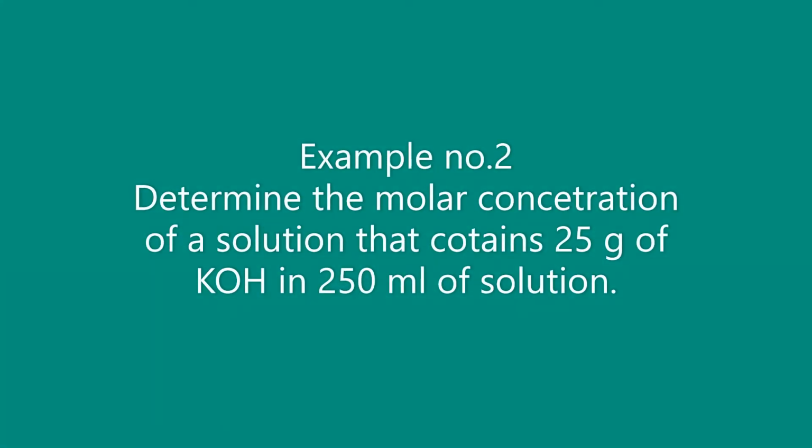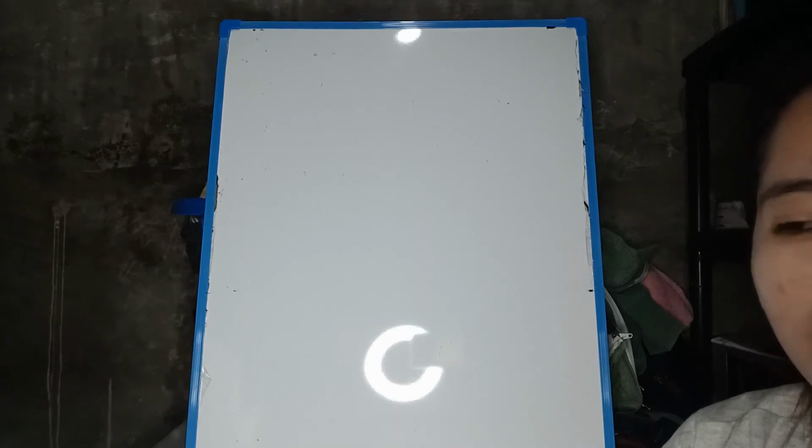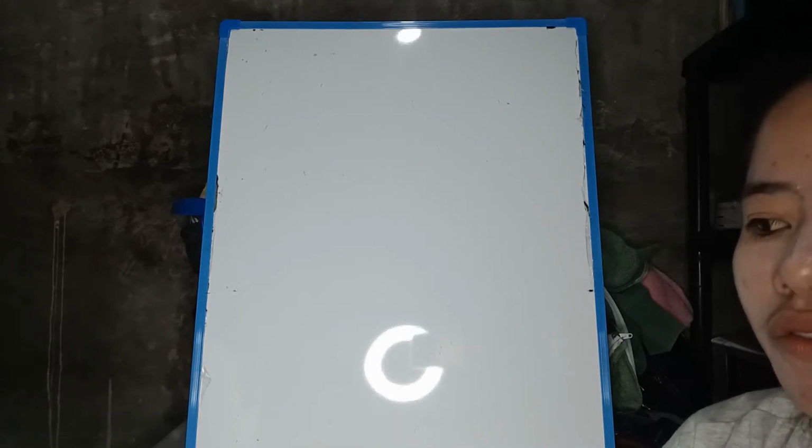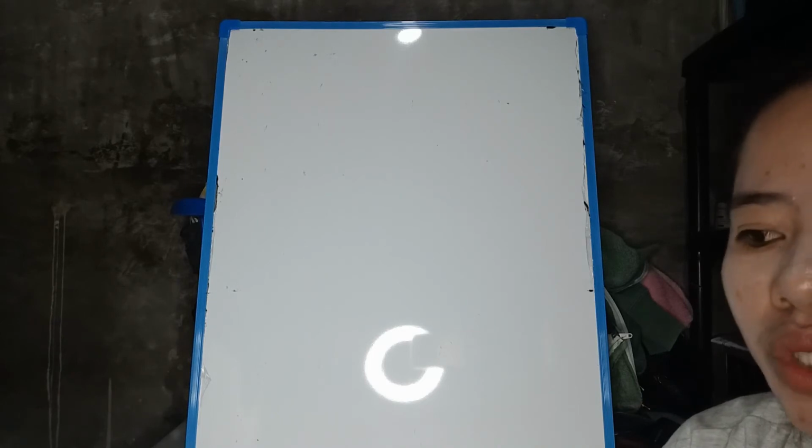Determine the molar concentration of a solution that contains 25 grams of potassium hydroxide in 250 ml of solution. So, next example is we're going to determine the molar concentration of a solution that contains KOH or potassium hydroxide in 250 ml of solution.